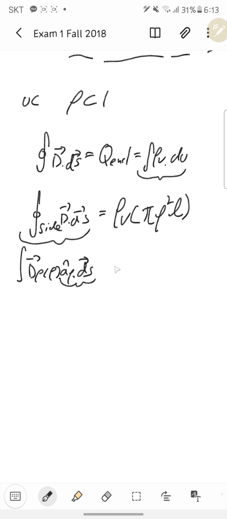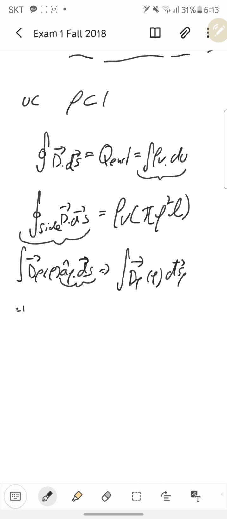And this value just gives us dS in the rho direction. And again, Q is uniformly distributed.